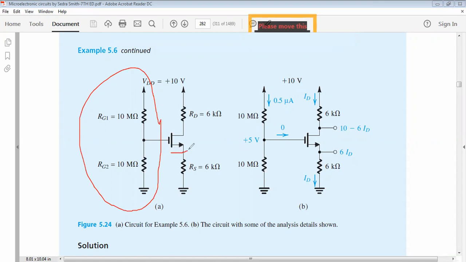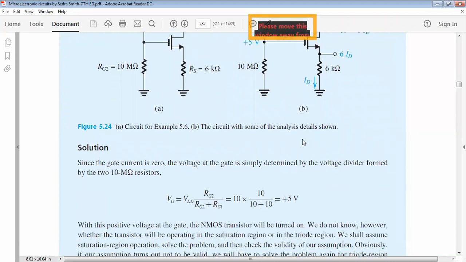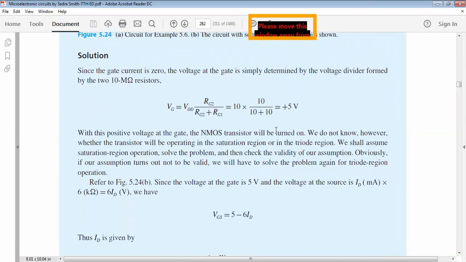Then assume that the device operates in saturation region. Then apply KVL to the input loop, and apply the MOSFET property condition IG equal to 0. Then derive the expression for VGS, and substitute that VGS in the ID current equation. From that, calculate the ID value.